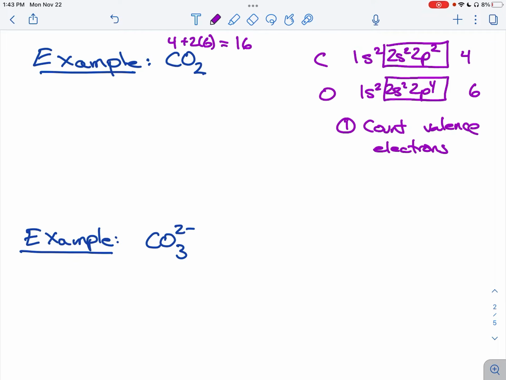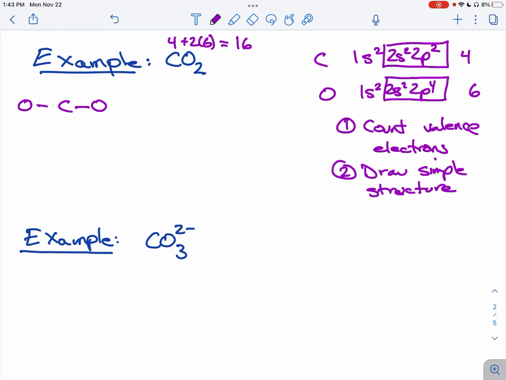Now we're going to draw just a simple structure where we are just holding the atoms together. Some people call this a skeleton structure.